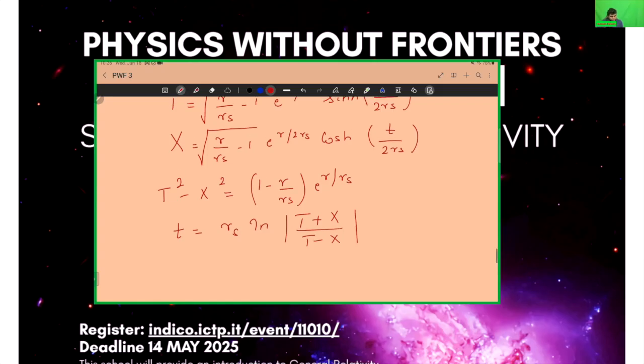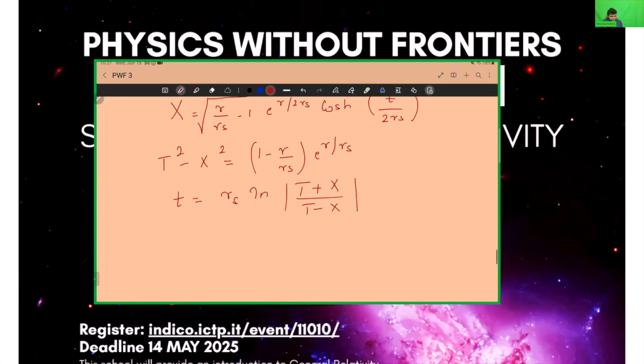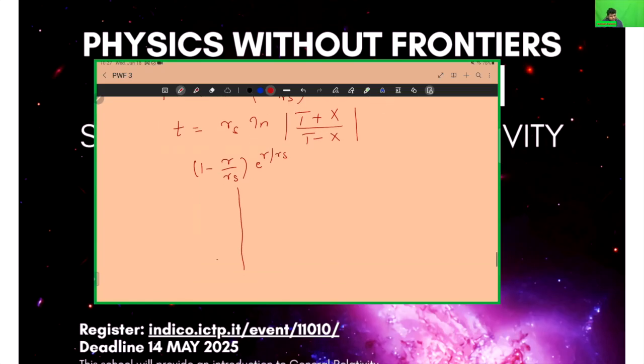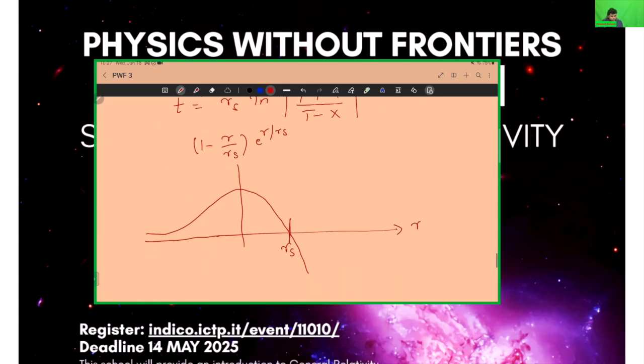Now the thing is that if you plot this thing, 1 minus r over rs times e to the power of this thing, against r, you get a plot like this. So this is r equals rs. And what is this?